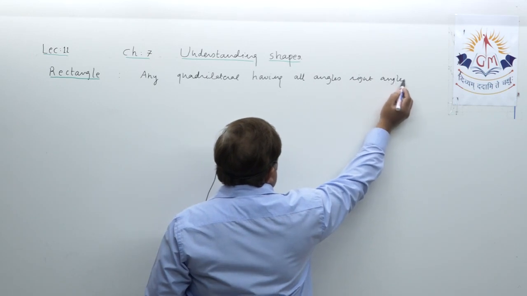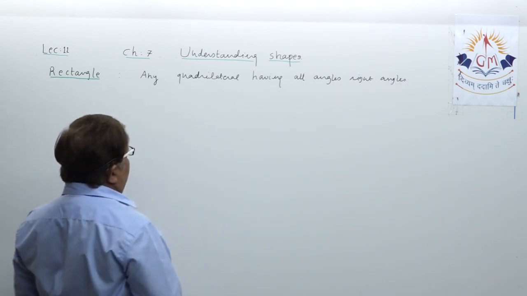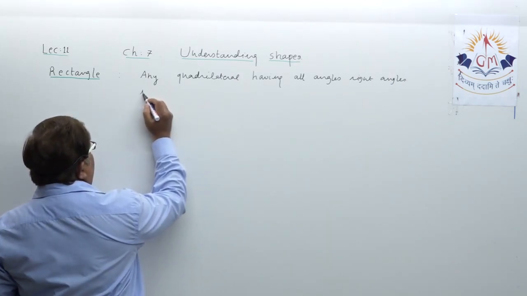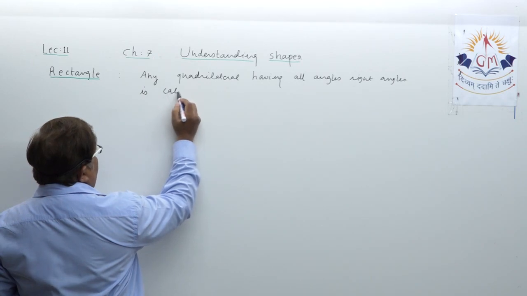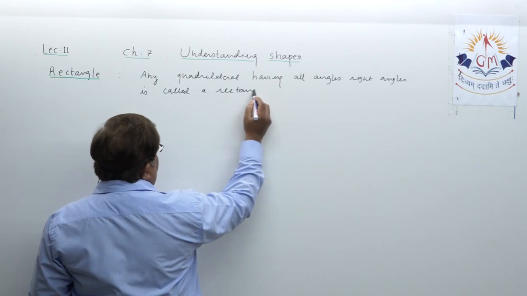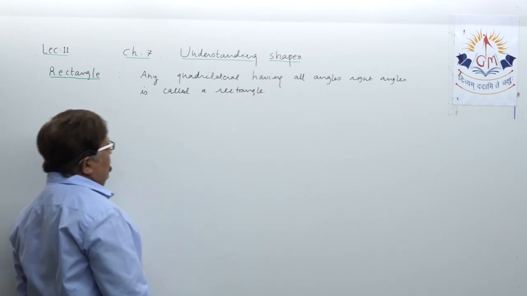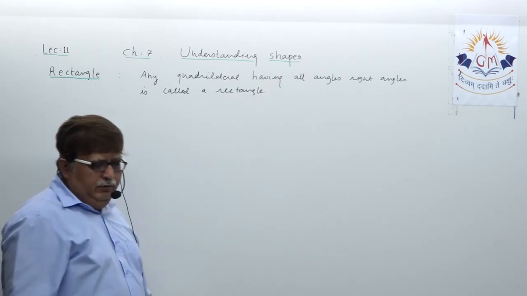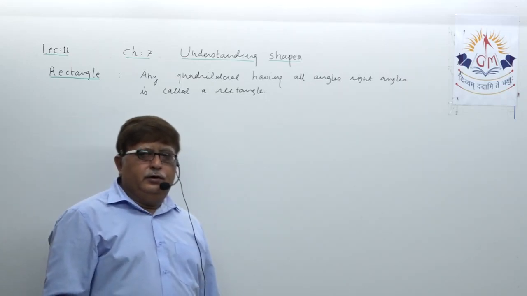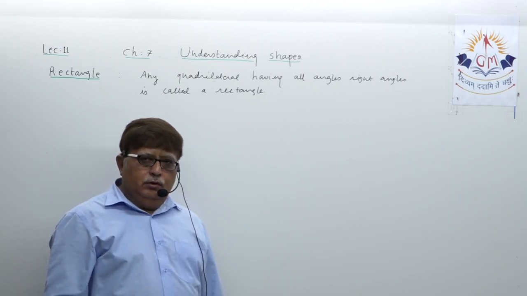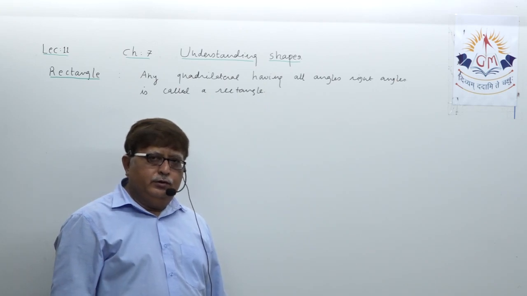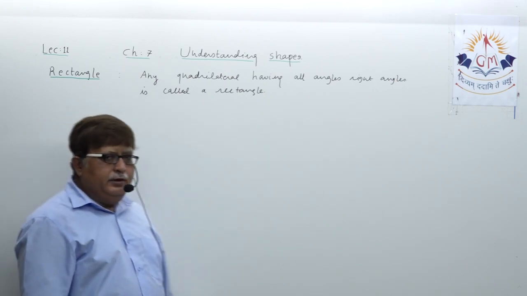Any quadrilateral having all angles right angle is called a rectangle. You understood this? This is actually the definition of rectangle.